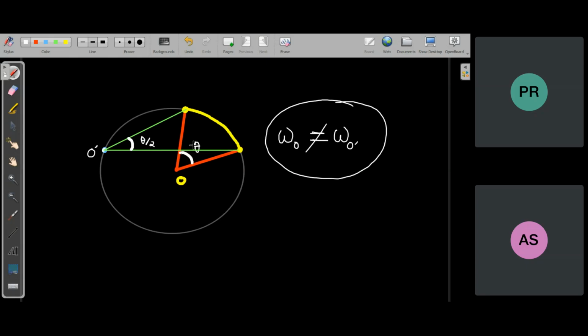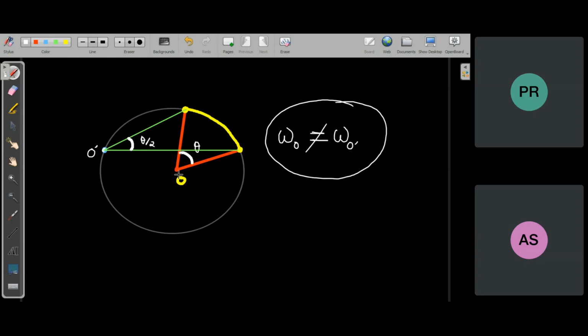So angular velocity depends only on the origin, but not on the reference line, we can say, sir? Not on the reference line, yes. You are finding it about a point.